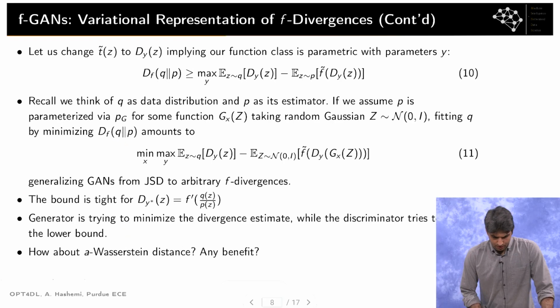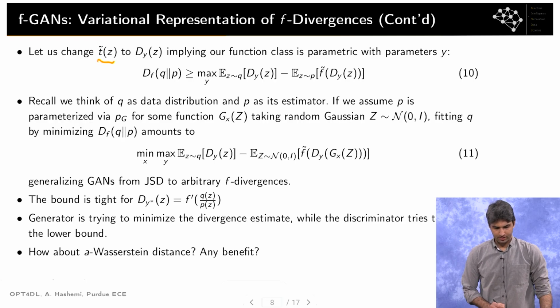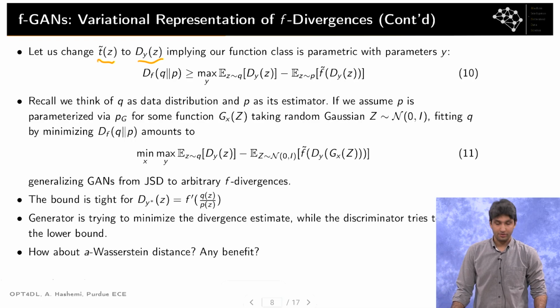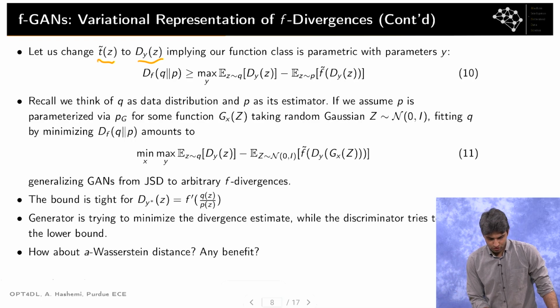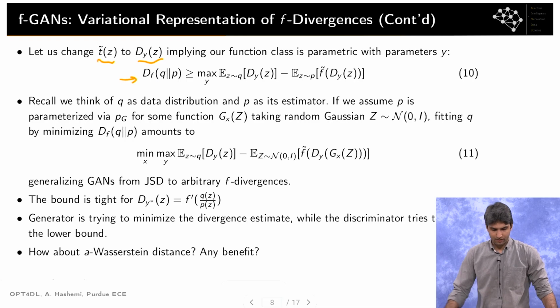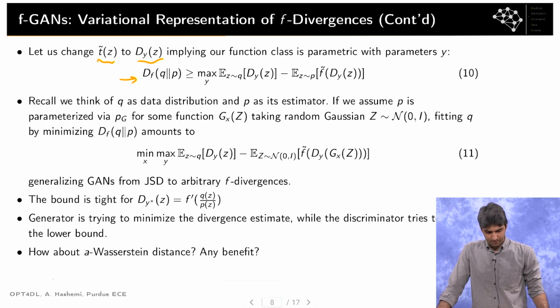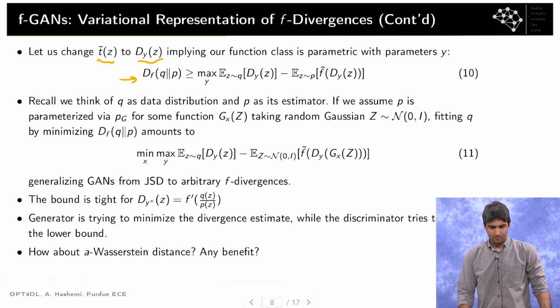All right. So now let's change the notation slightly. In the previous slide we had t tilde. I'm just going to call that d. Okay. So this is going to be our discriminator, and therefore what we showed was that the F divergence is lower bounded by the maximum of the difference between these two expectations.